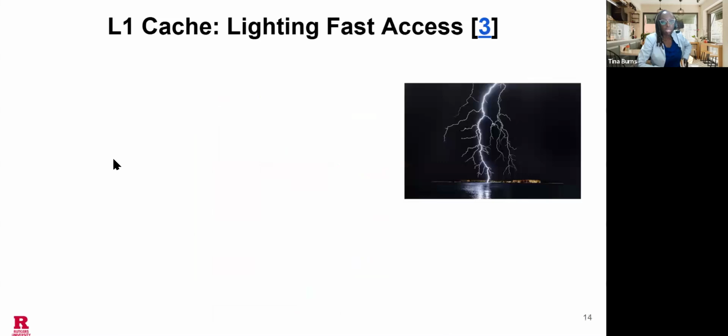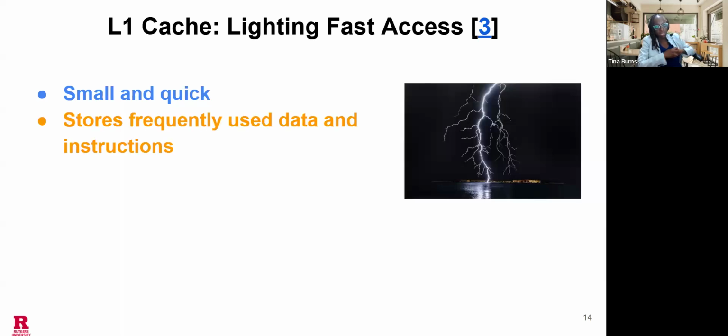All right, so let's look at this lightning fast access and see where we are, right? This is our layer one cache, the first one we get to. It's typically going to be very small in size, and it's going to allow you to store data for your frequently used instructions.